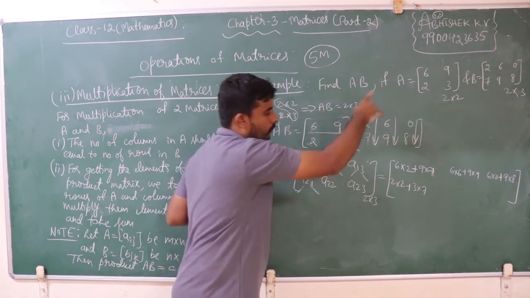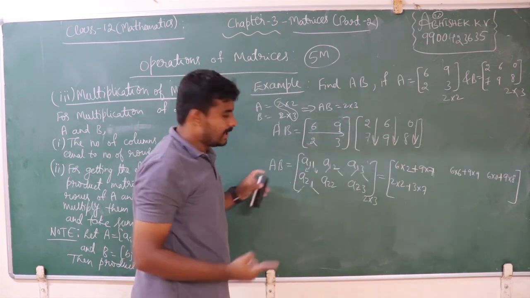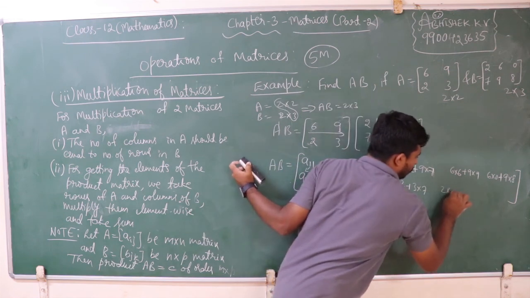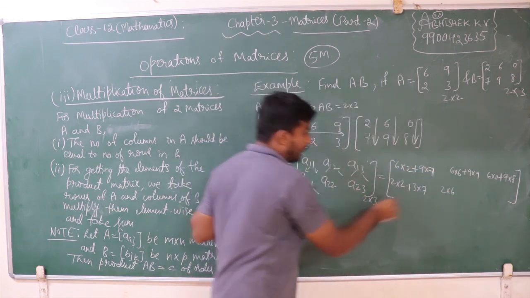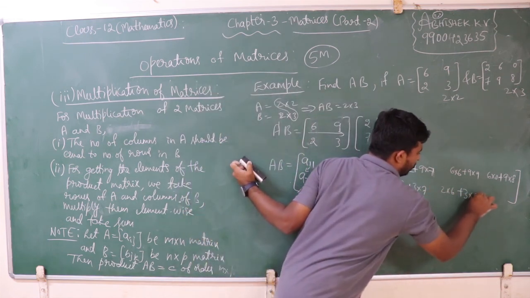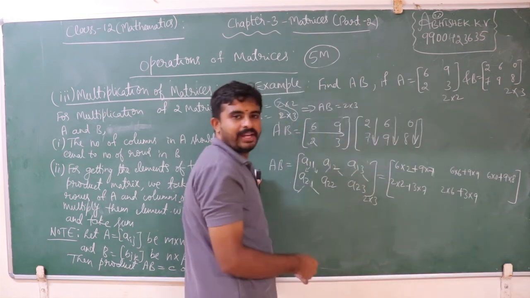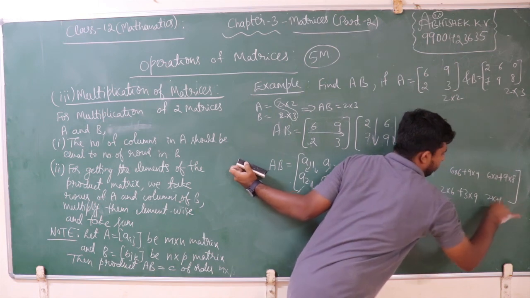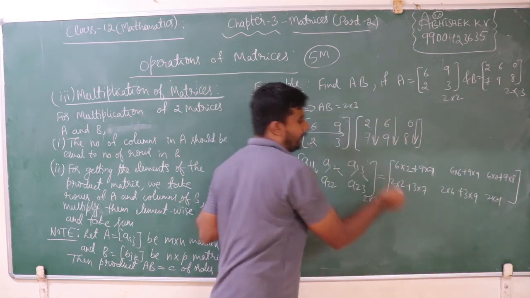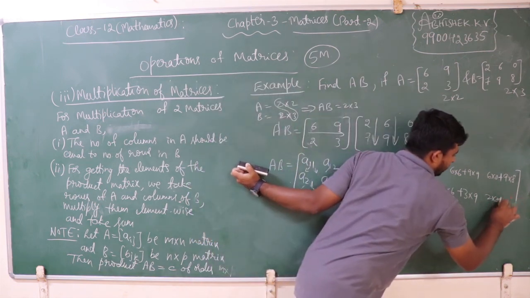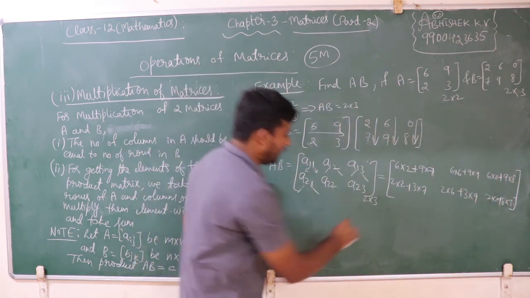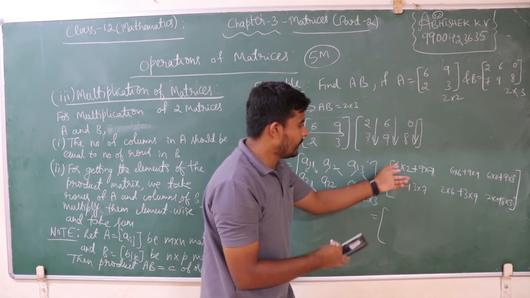Second row, first column, second row, second column, second row, third column. Then 2 into 6 plus 3 into 9. Then 2 into 0 plus 8 into 3. Therefore, this is nothing but addition.